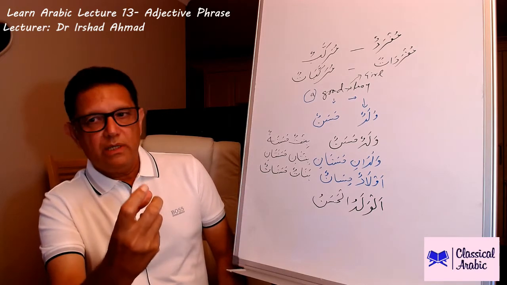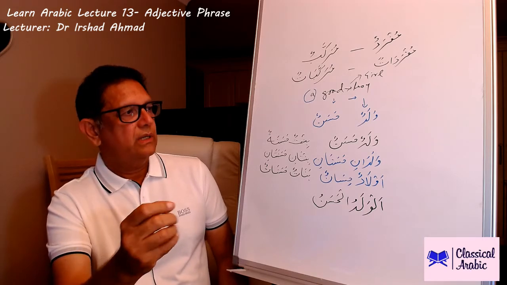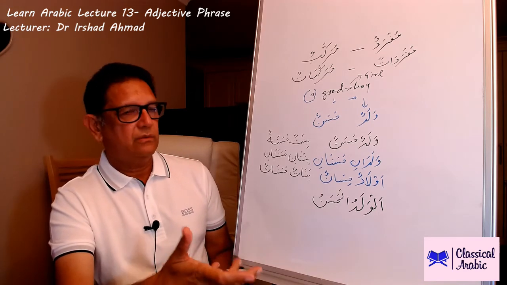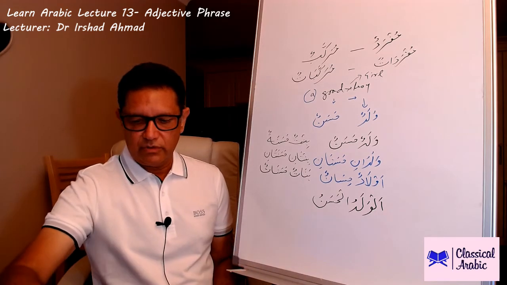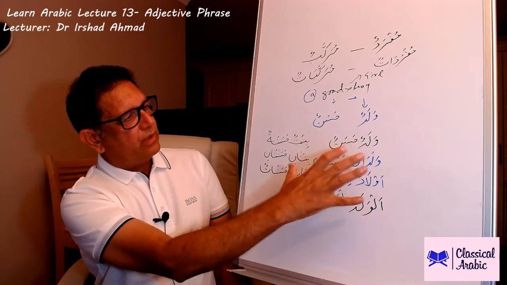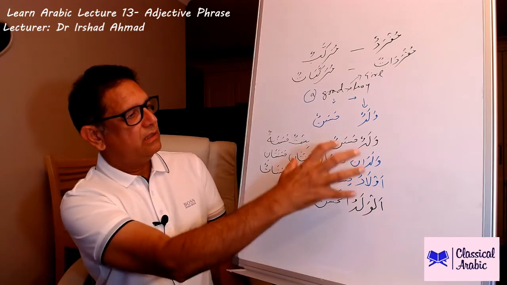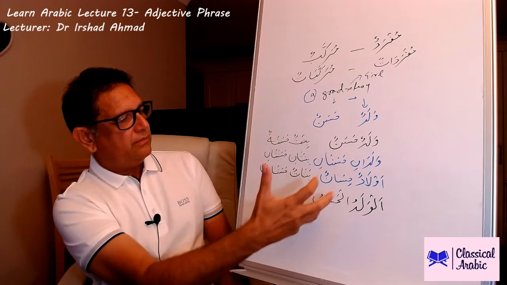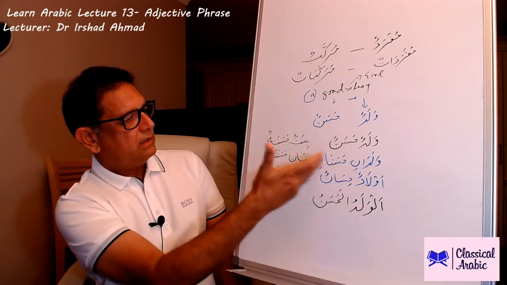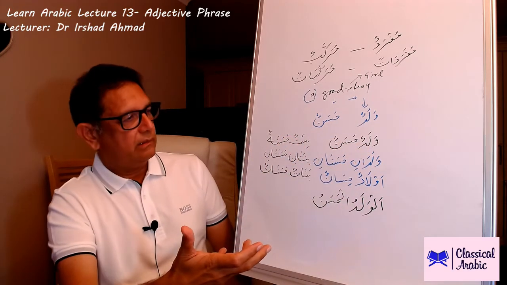So the main point is that sifa will have to follow mawsuf in all these four aspects of a noun, four qualities of a noun, four attributes of a noun, whichever word you want to use. So our vocabulary is very limited here. We have waladun and hasanun, and we have gone through different phrases. At least there are 3 plus 3 is 6, and by adding al that's another 6, that will be 12 phrases.